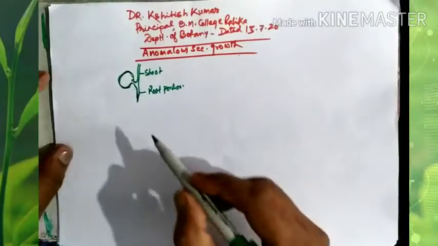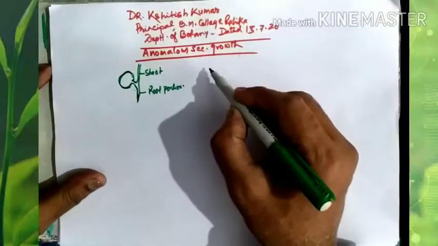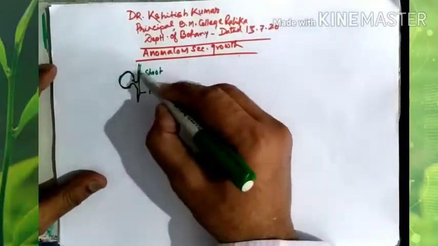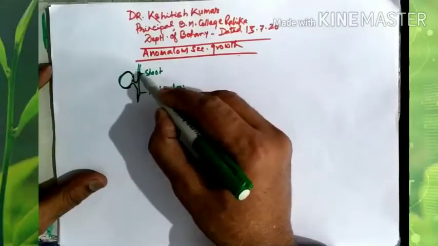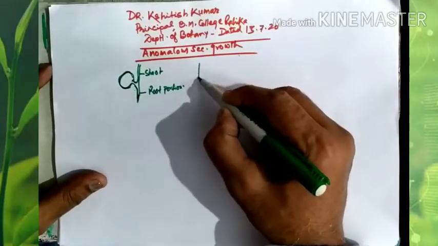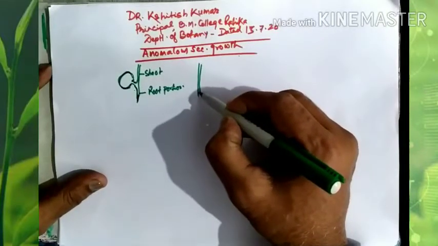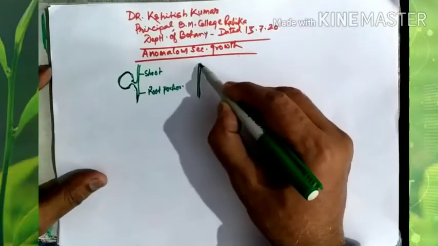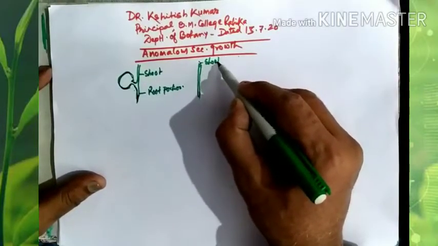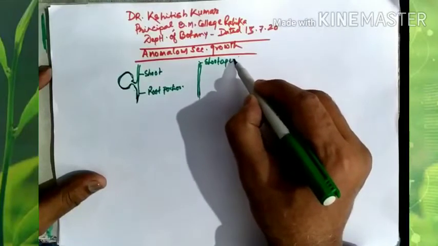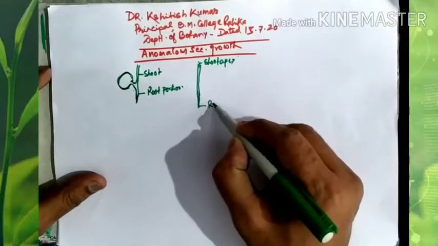Here it grows and grows in length, and afterward, after the germination of a seed, an axial type of body is formed, in which this is the shoot apex, and here is the root apex.